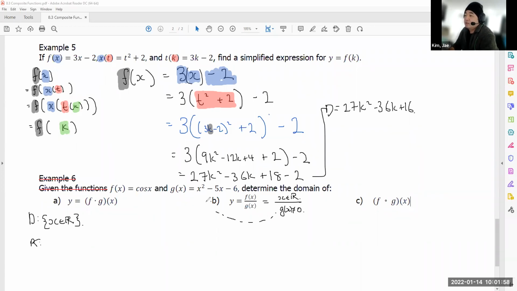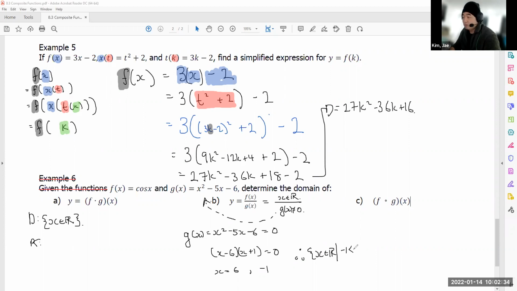So go back to this function and figure out when this equals 0, which is x minus 6 times x plus 1. And so x would be 6 or -1 if the denominator was a 0. Therefore, for part B, x belongs to real numbers such that x cannot be -1 or 6. There you go.